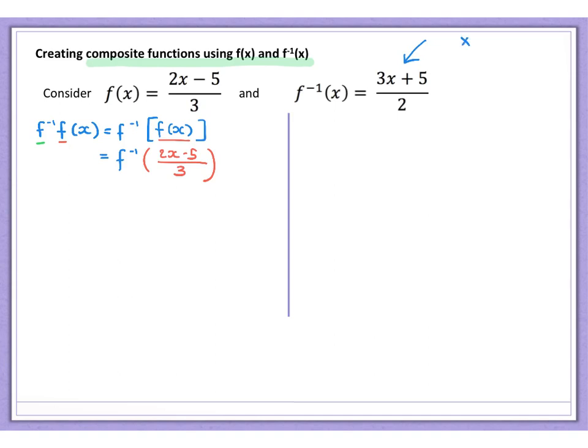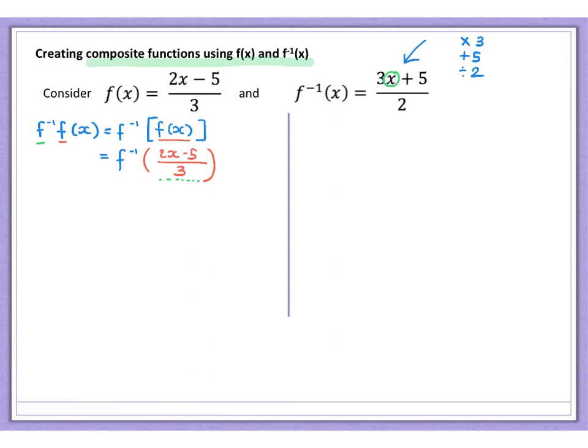It tells us to multiply x by 3, then add 5, and then divide by 2. So multiply whatever your input is by 3, then add 5, then divide by 2. And of course, our input is this, not just x. So we have to replace x by this whole bracket, (2x − 5)/3.